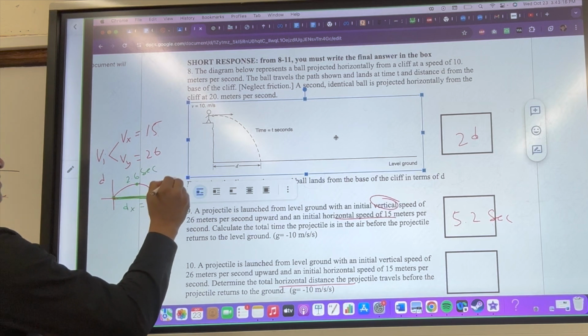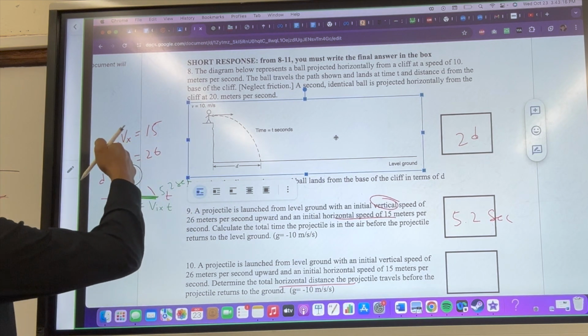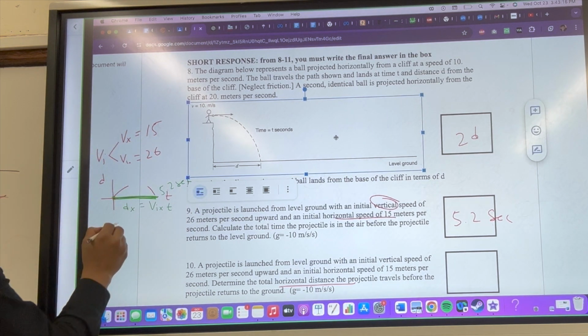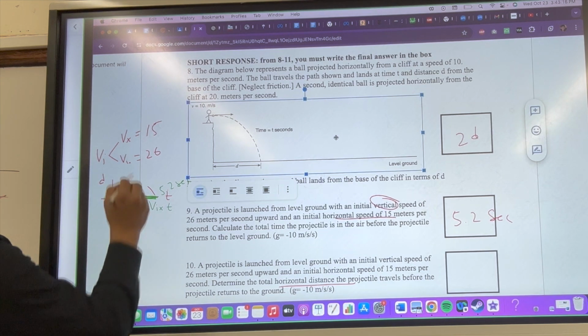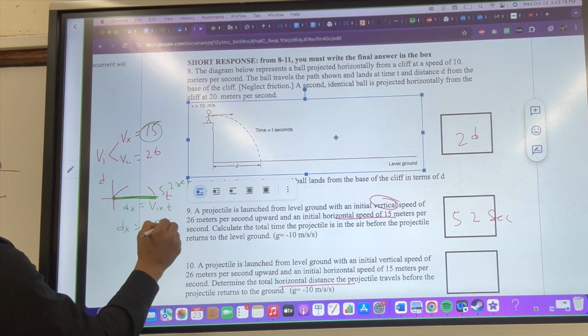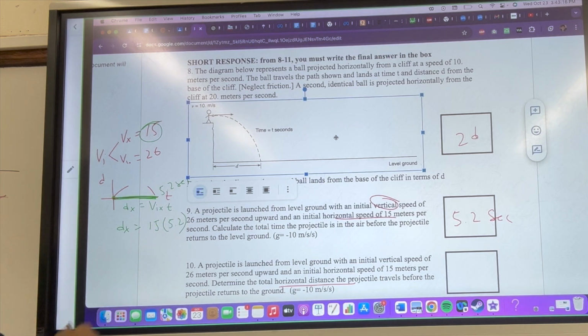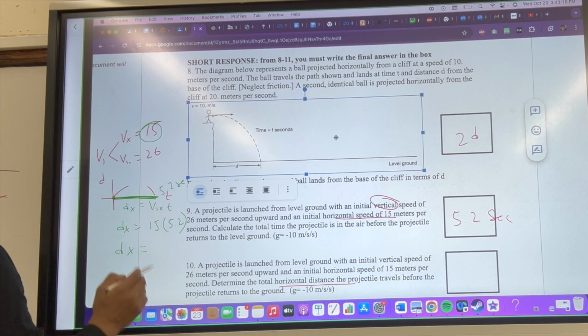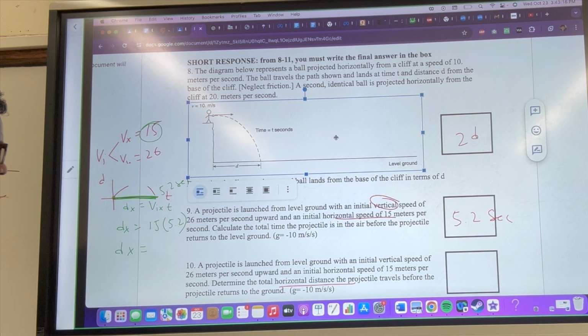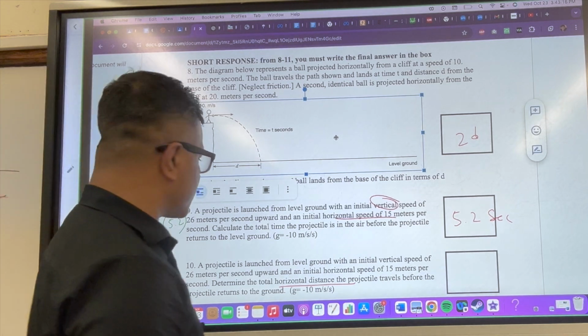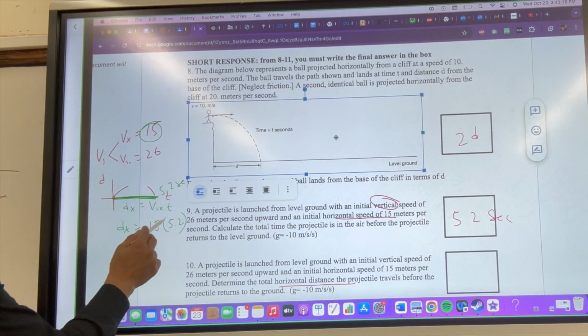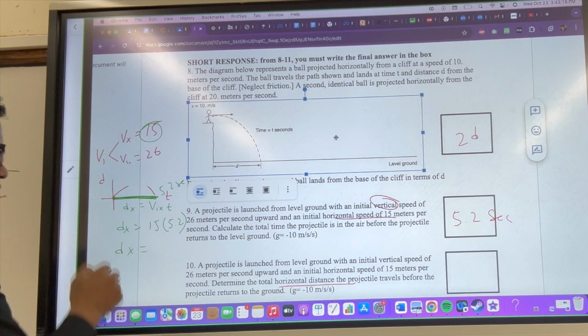So it's 5.2 seconds altogether. Right? Okay, good. So then dx is equal to Vix, which is 15, times 5.2. 15 times 5 is 75, so it should be more than 75.